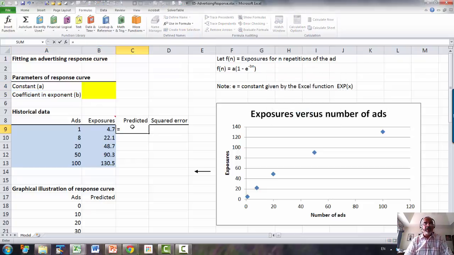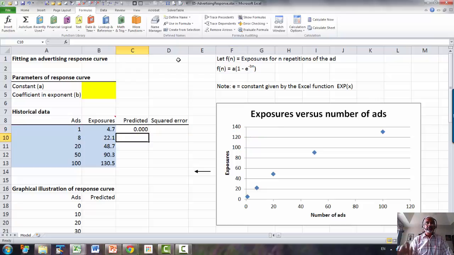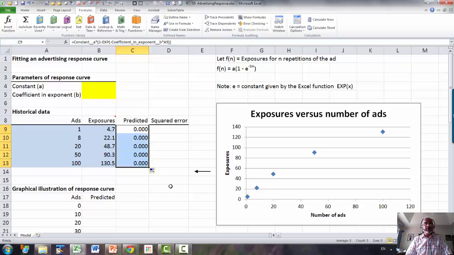So we have a times (1 minus EXP of minus b multiplied by n), and then we need one more parenthesis. So that is the predicted value. Of course, since a and b are 0 right now, you have a prediction of 0.